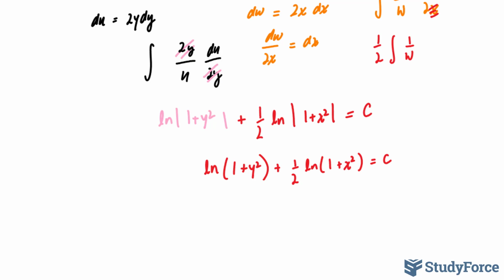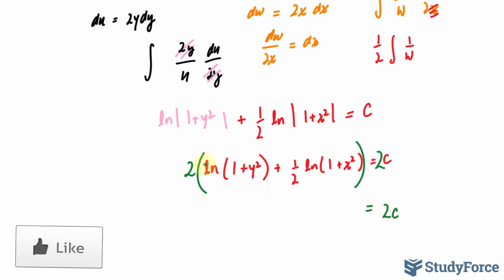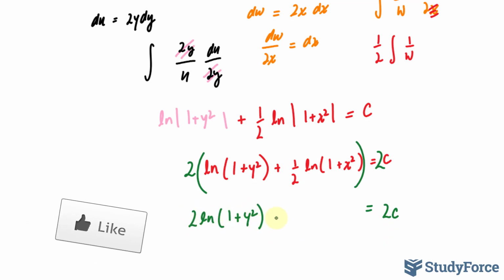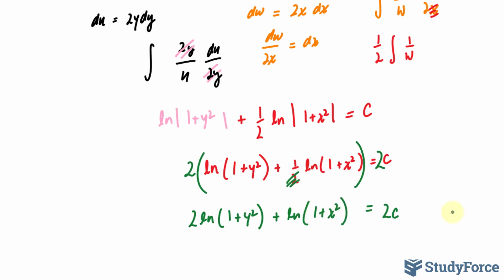Furthermore, I'll multiply both sides by 2. That way I can get rid of this fraction, and then I can eventually use the rules of logarithms to combine these two terms. So multiplying everything here by 2, and of course this c by 2 gives me 2c on the right side, and this becomes 2 ln 1 plus y to the power of 2 plus ln, bracket 1 plus x squared.